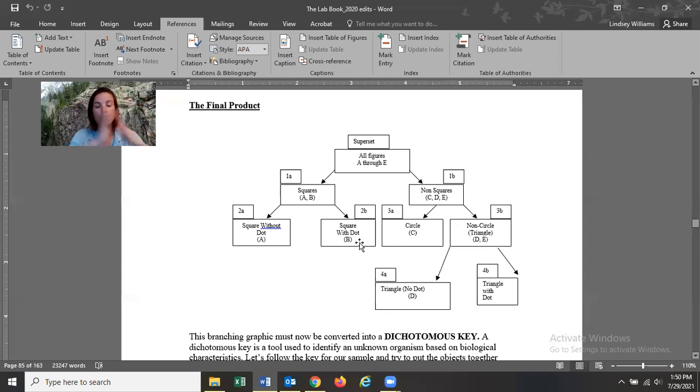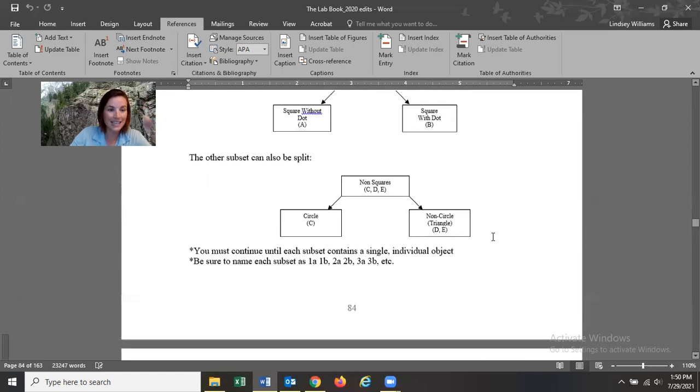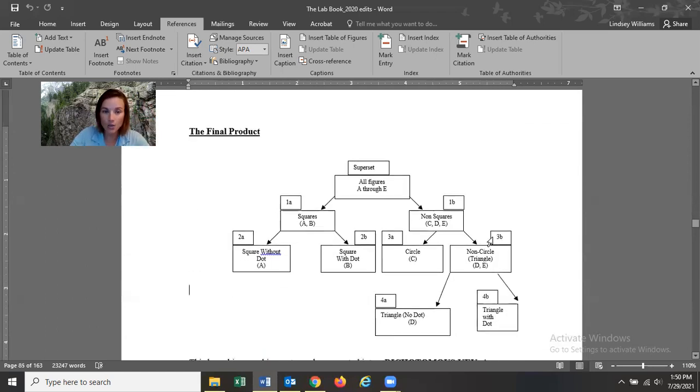Now, B is not the only shape with a dot. However, okay, E also has a dot. B and E both have dots, but E is not a square. So we don't care. We don't care that E has a dot because it's not in the box above. When you are breaking down your boxes, you only care about the critters listed in the box above.